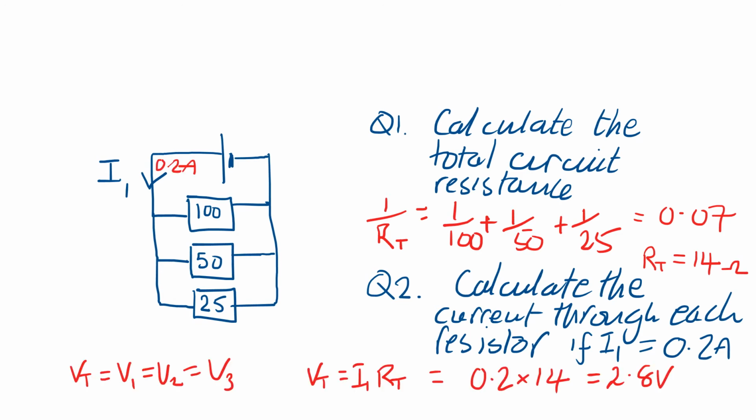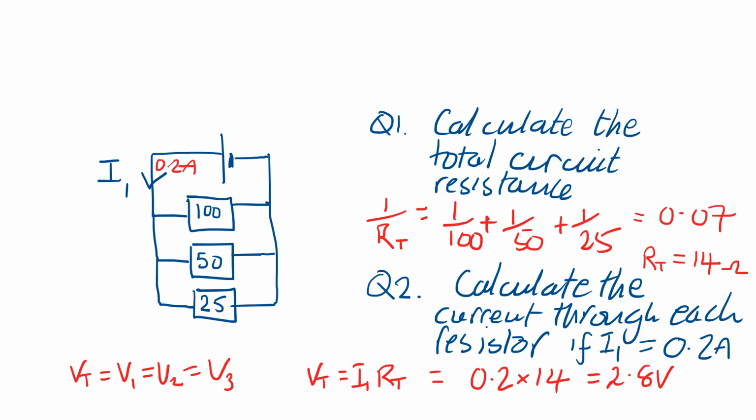Question 2, calculate the current through each resistor if I1 equals 0.2 amps. So we know that V total equals V1, which equals V2, which equals V3. And we can calculate V total from I1 times the total resistance, which is 0.2 times 14, which is 2.8 volts.